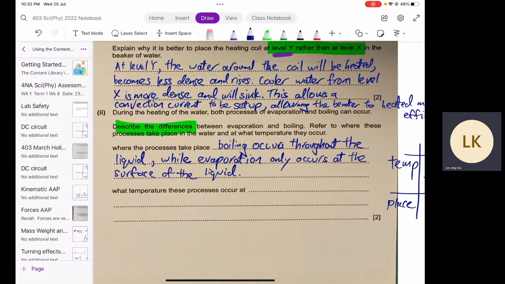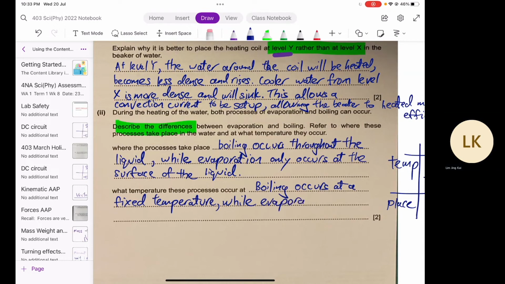What temperature do these processes occur at? Remember the comparative term. So boiling occurs at a fixed temperature, while evaporation occurs at any temperature.